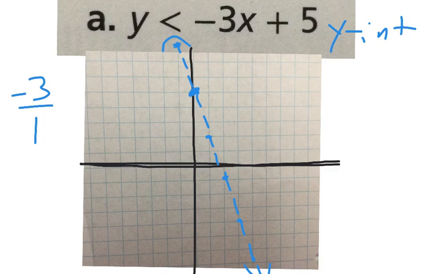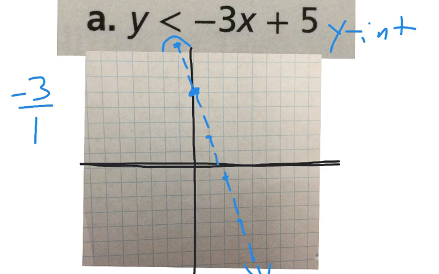You can pick any point and see if it should be in your answer or not. So let me say it again. You can pick any point not on this blue dotted line. So I would pick (0, 0), because it's not on the dotted line. If (0, 0) works, then I need to shade this side of the line. If (0, 0) doesn't work, then I need to shade this side of the line.